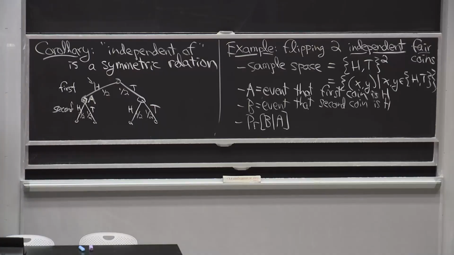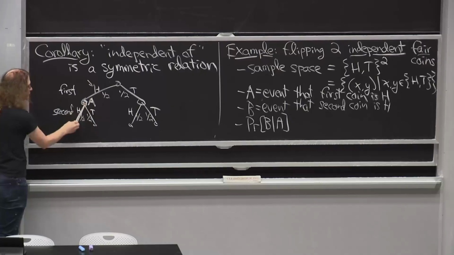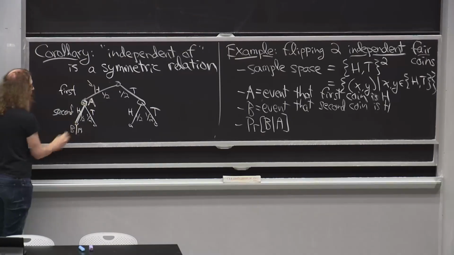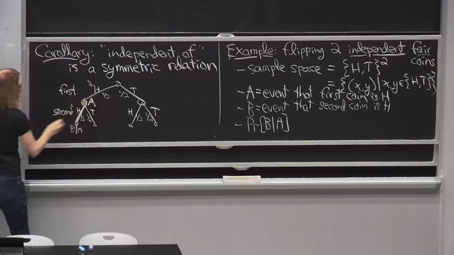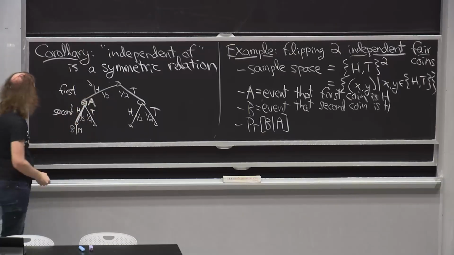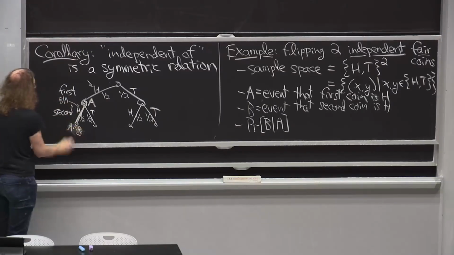So probability of B given A is exactly the probability written on this edge, because this would be B given A, that event. A happened, and then B happened. Or I guess maybe the edge is thought of this way. This is more like A intersect B, that they both happened.